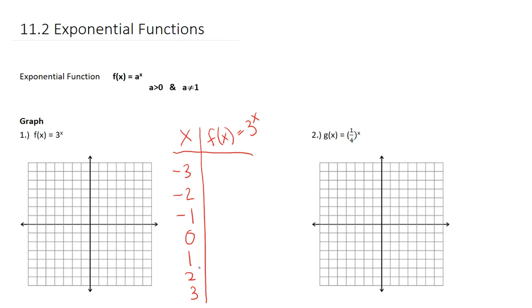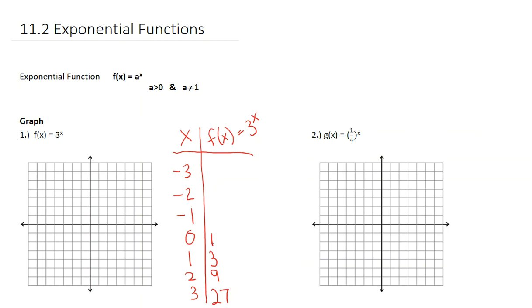I want to start at the bottom. I'm going to take 3 and plug it in. So 3 to the third power is 27. Then 3 to the second power is 9. 3 to the first is 3. And 3 to the 0 power, if you remember, has a value of 1.